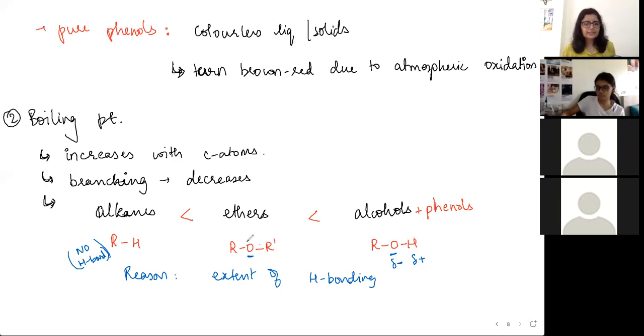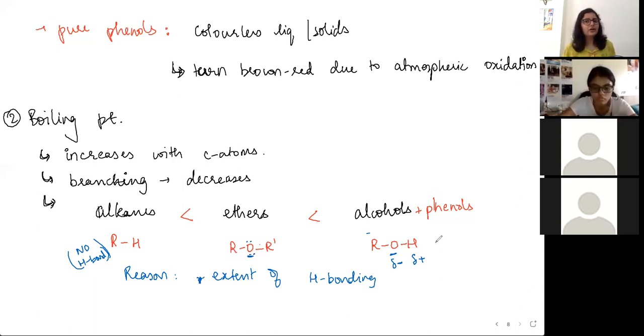In ethers, there is negative charge on oxygen, but hydrogen attached to carbon atoms is not that positive, so the difference in charges is not as much. Simply put, it's the extent of hydrogen bonding. Alcohols have the largest boiling points, followed by ethers, followed by alkanes.